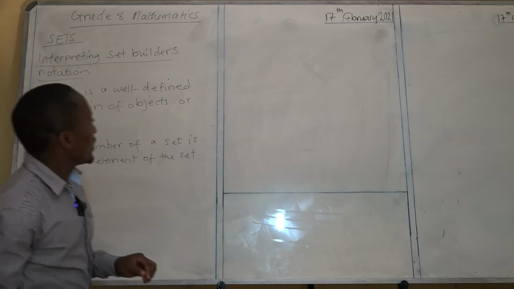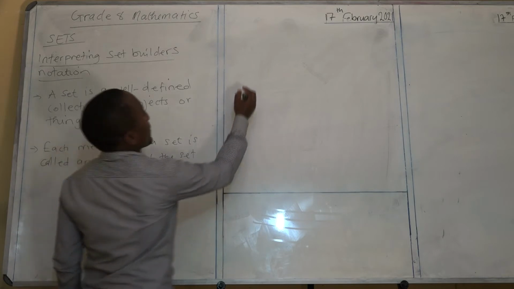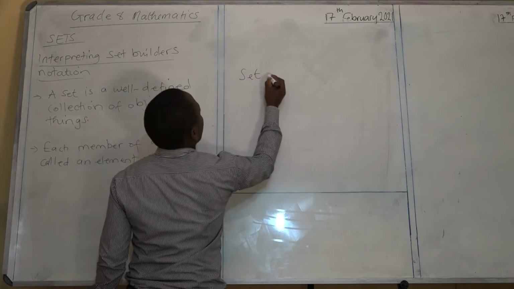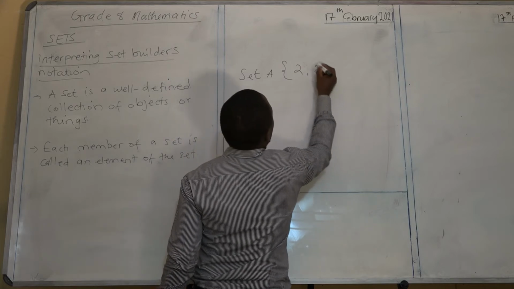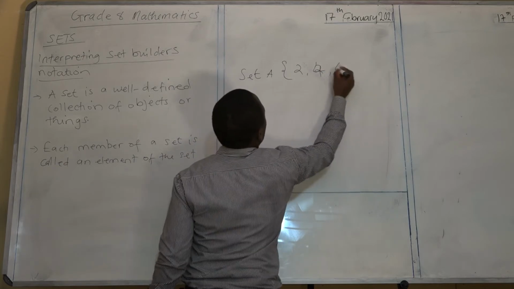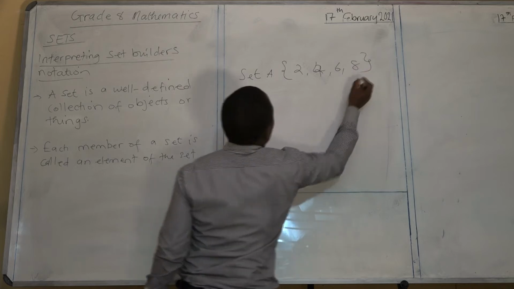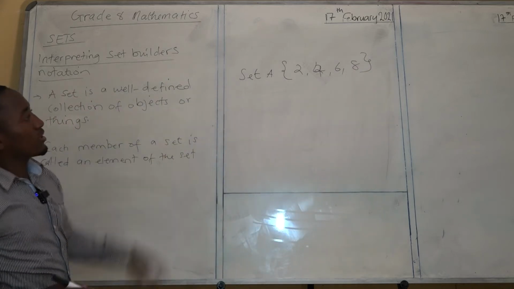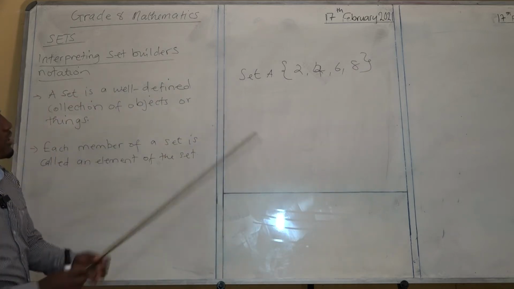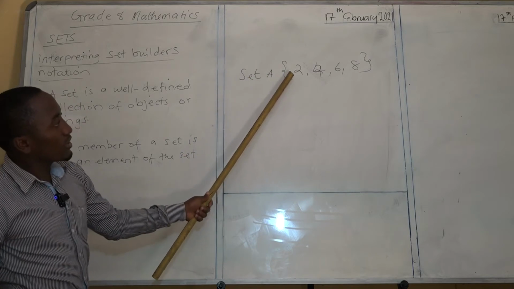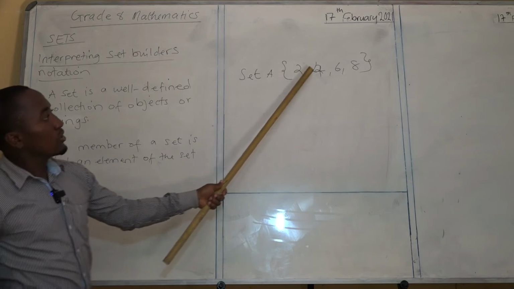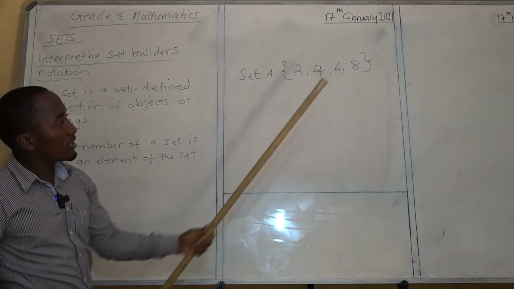Let's take, for instance, set A. If you look at this set, we have set A having the numbers 2, 4, 6, and 8.